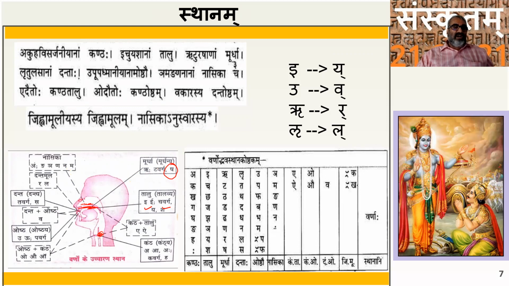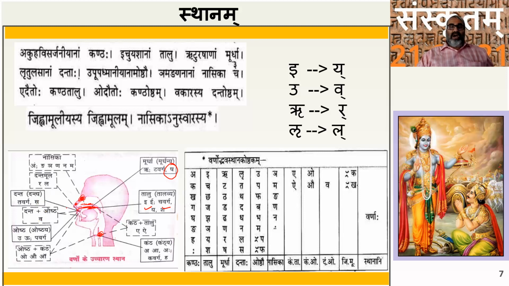Nyamangananam nasika. This is the part from which you pronounce the nasal sounds. Then dantamulaha, the tip of the tongue, where ra and la come. Then dantyaha. Latulasanam is la and the tavargam, and so on, which come through the danta.